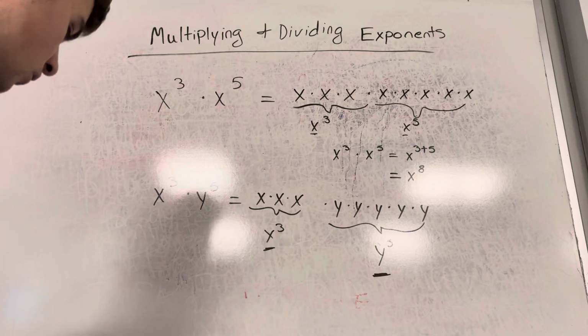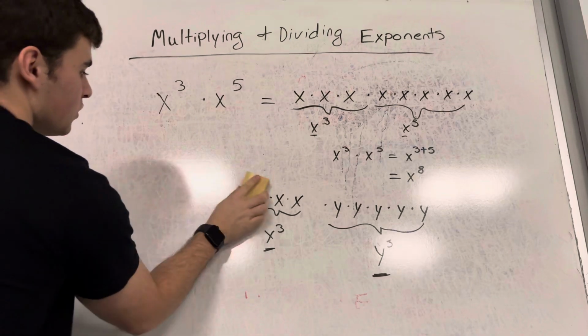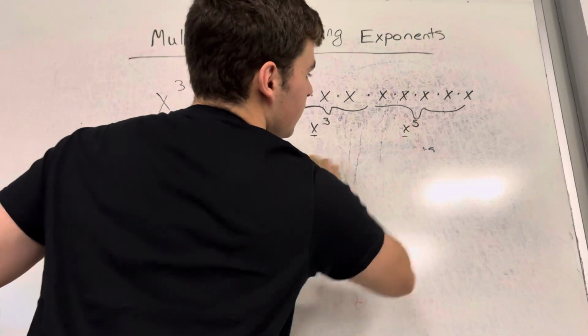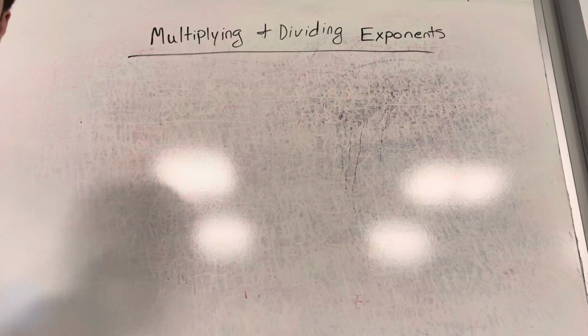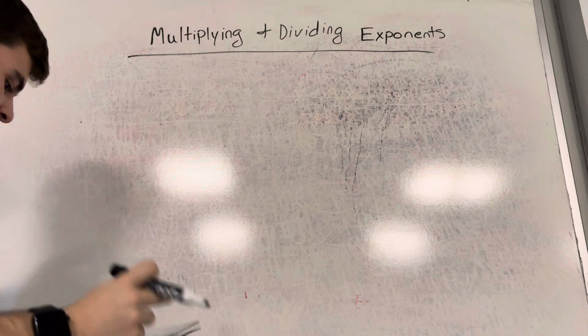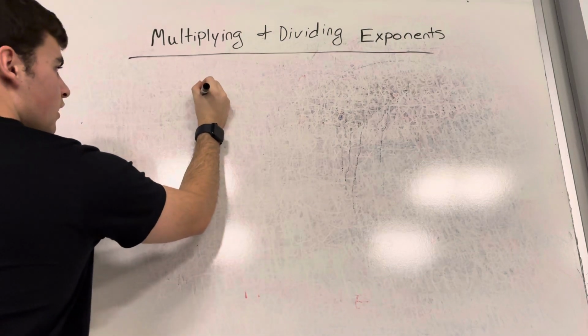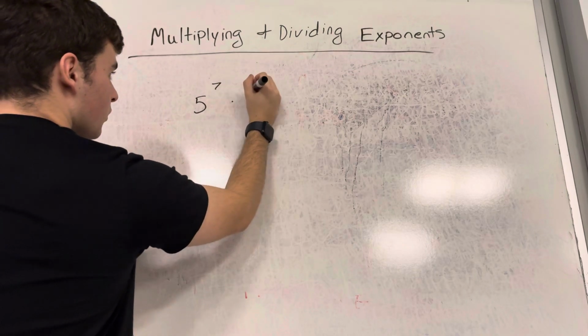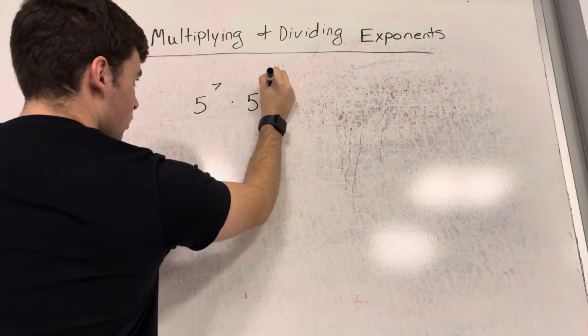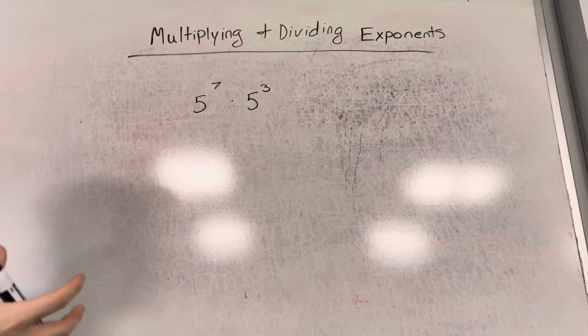So now I'm going to give you guys 2 examples to work on your own. I want you guys to try, if we have 5 to the 7th, and we multiply that by 5 to the third, what would we see?